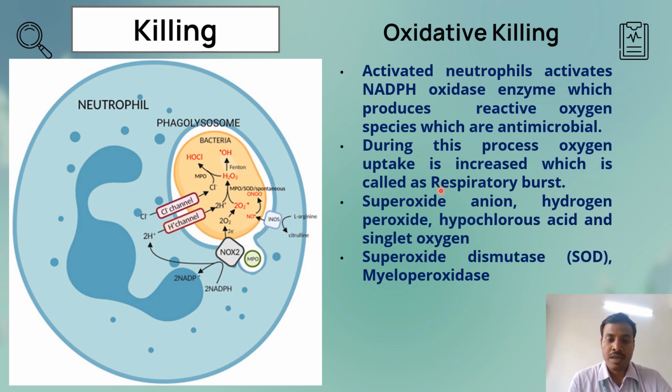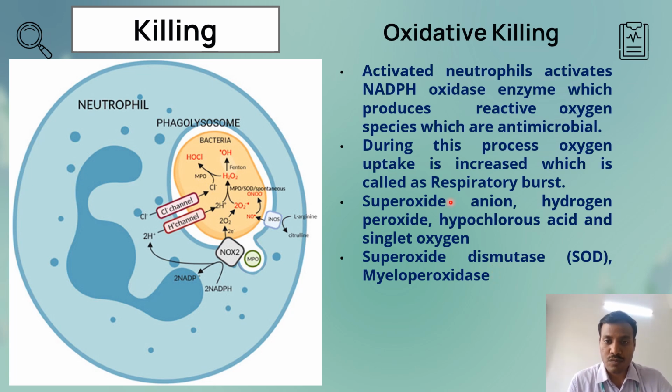These free radicals or oxidants are produced by the action of NADPH oxidase and also one more enzyme called superoxide dismutase, which forms the hydrogen peroxide, and the other enzyme is called myeloperoxidase. This myeloperoxidase forms the hypochlorous acid.